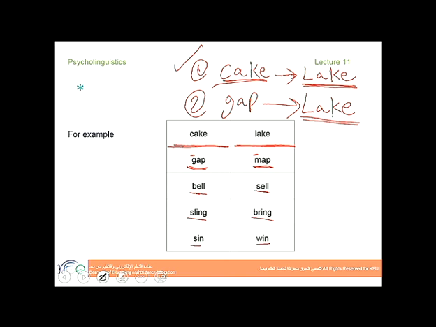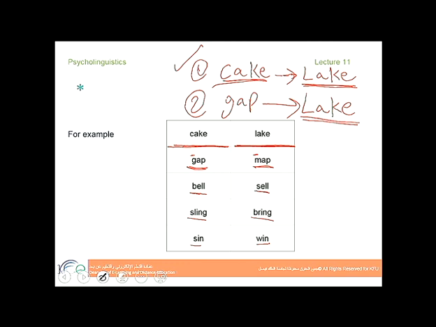And so on. So words that sound the same will prime other words. When I say cake, your brain activates all the words that sound the same, like cake, lake, fake, bake, and so on.